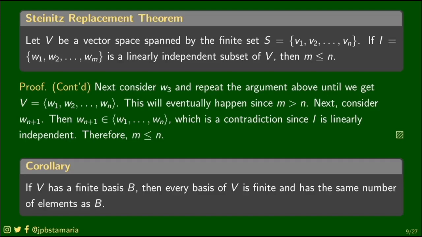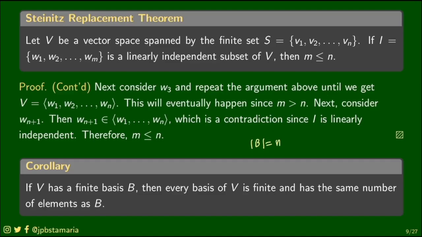Because if you have a finite basis B, let's say B has N elements, then of course B is a spanning set. Every basis for V must have a finite number of elements as well because a basis is independent. According to the theorem, if you have a spanning set with N elements, then any independent set will have at most N elements. Therefore, any basis will have at most N elements, therefore finite.